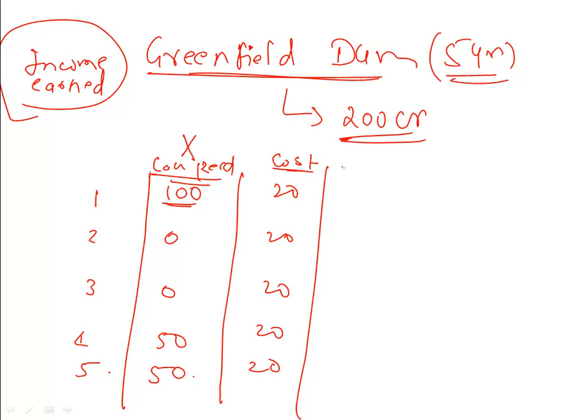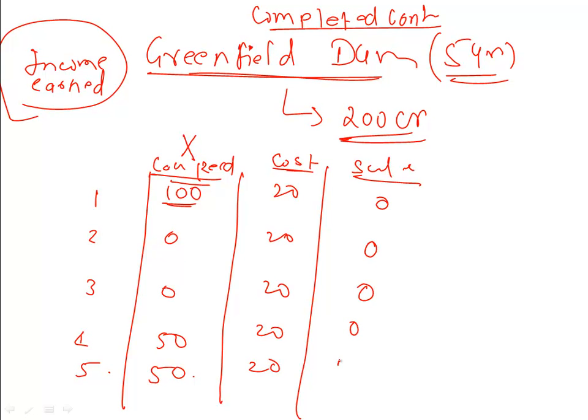If the method that was used was completed contract method, L&T would say my sales here is 0, 0, 0, 0 and 200 directly, because I would recognize my entire amount of revenue at the end of year 5. Entire 200 to be recognized at the end of year 5 when my project is over.